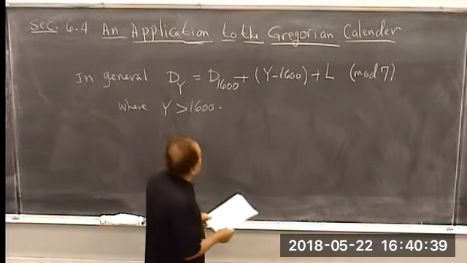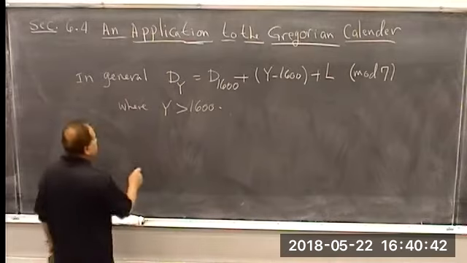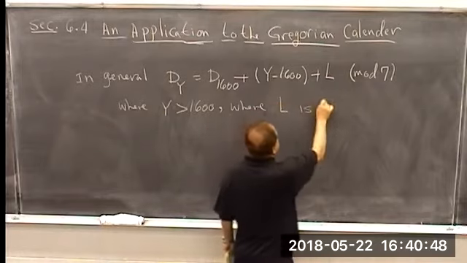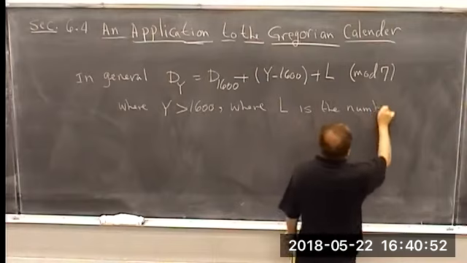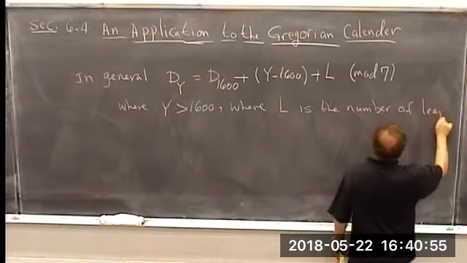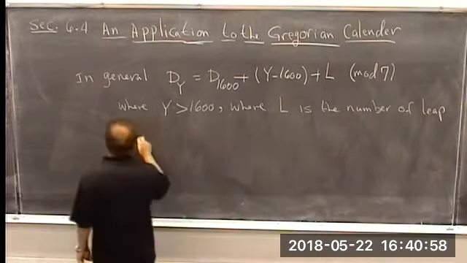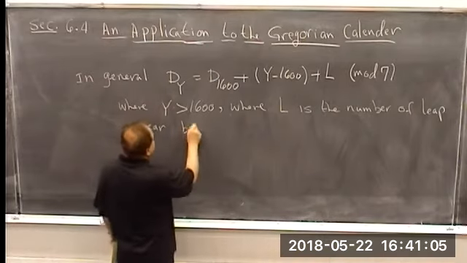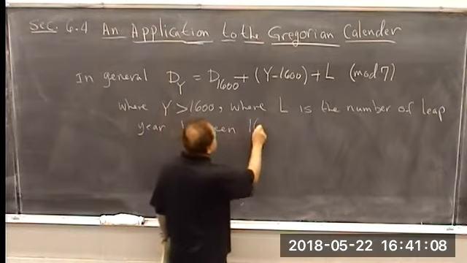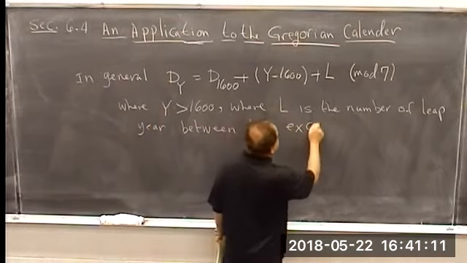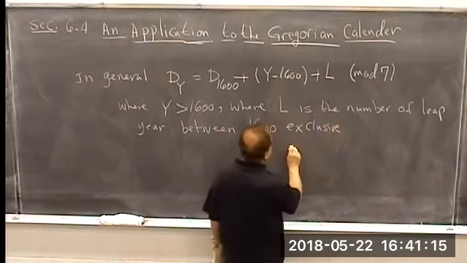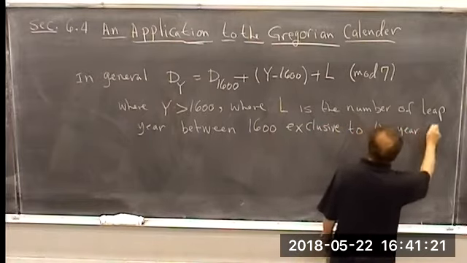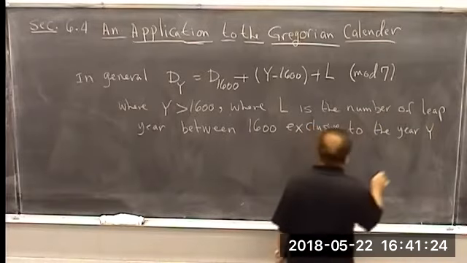So in other words, what we have to do is find L, where L is the number of leap years between 1600 exclusive, we're not going to include 1600, to the year y inclusive.